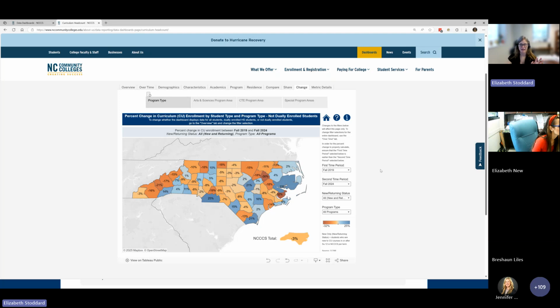So right now we're looking at the change in enrollment for still looking at non-dually enrolled students, the change in enrollment statewide. So we can see, looking across all colleges in CCCS total, there was about a 3% decrease in non-dually enrolled student enrollment between fall 19 and fall 24.